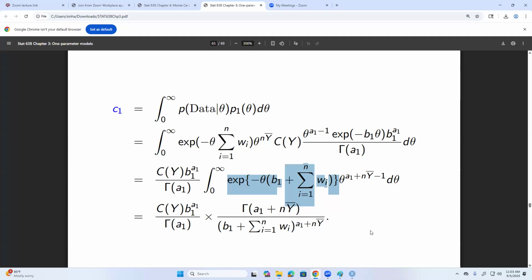Here, it is relatively simple because you have only one parameter. You are integrating one parameter, theta, and that integration can be done numerically using several numerical quadrature formulas.